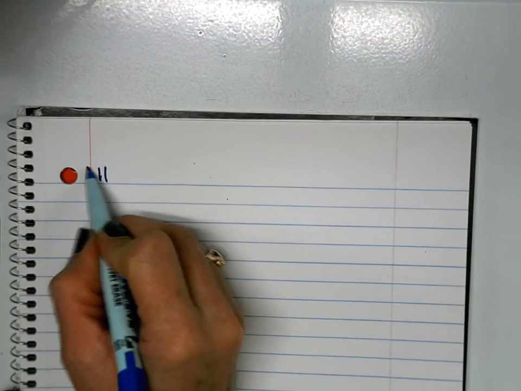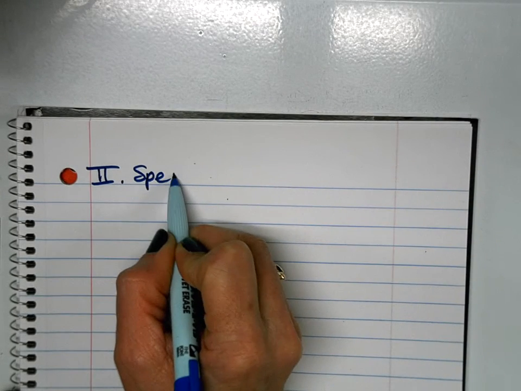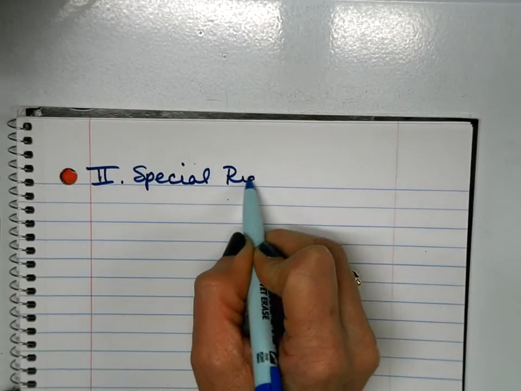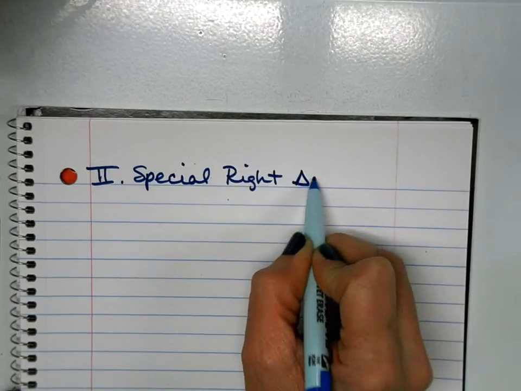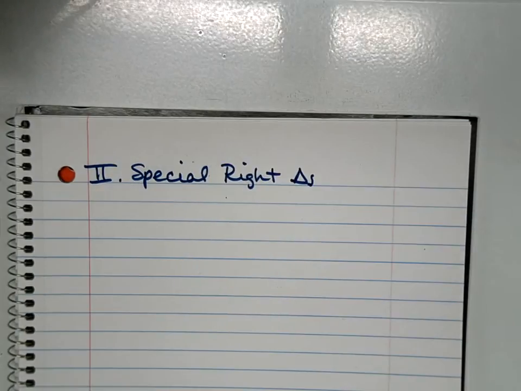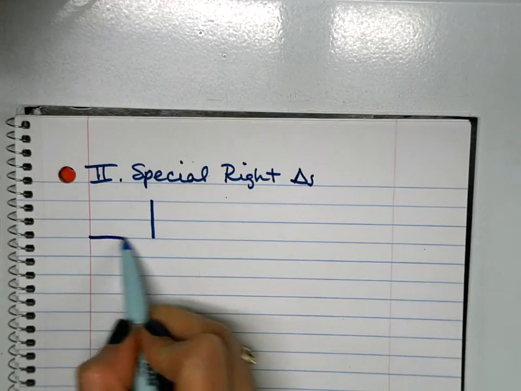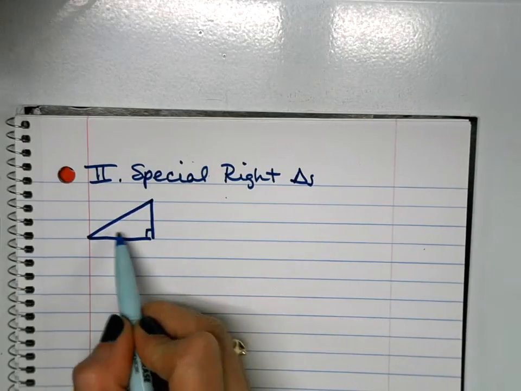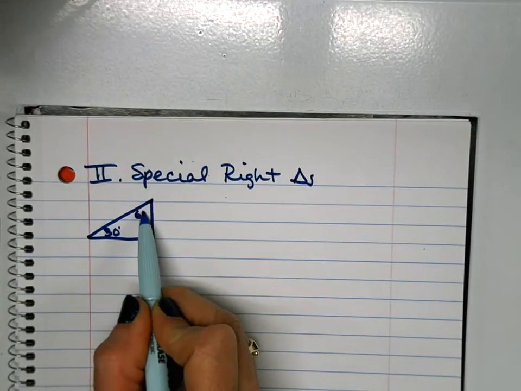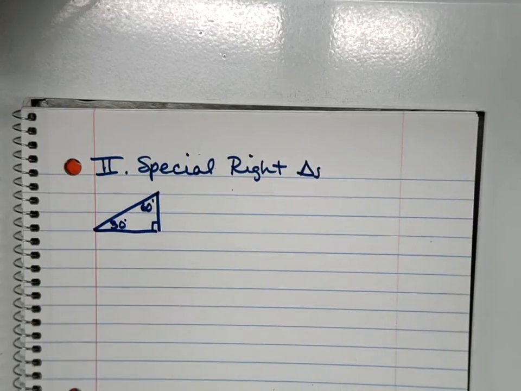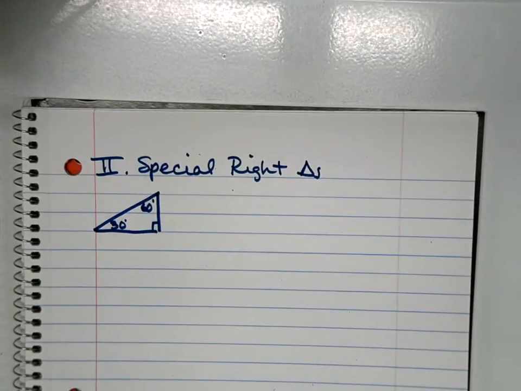Roman numeral 2, these special right triangles. I want you to have these in your notes. We're going to be doing a lot with these, so you really need to know the sides here. If you have a 30, 60, 90, what were the side lengths?